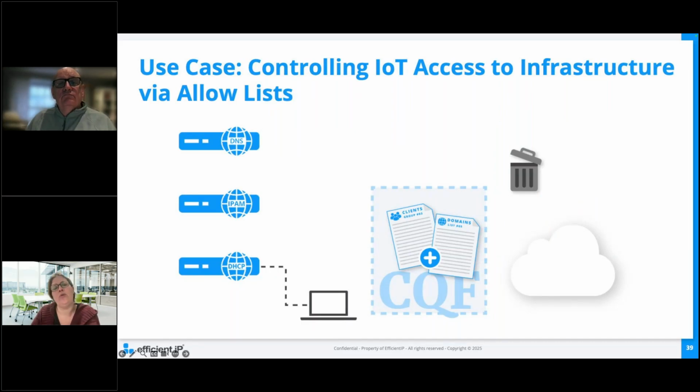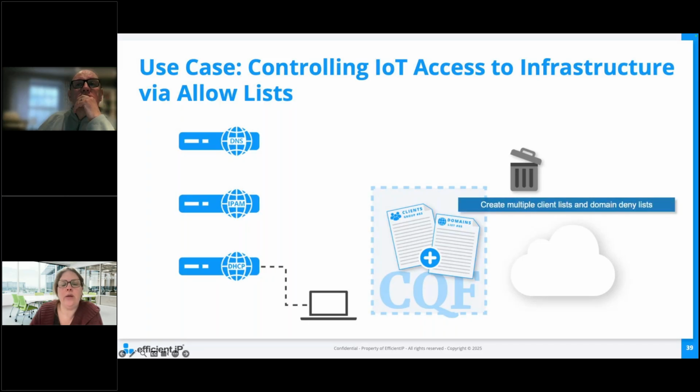I will now show an example of what Peter just explained with the use case of IoT devices and how we can manage the access of those devices. So in the center, you see our client query filtering feature, which is the implementation of the technology that Peter has just described.